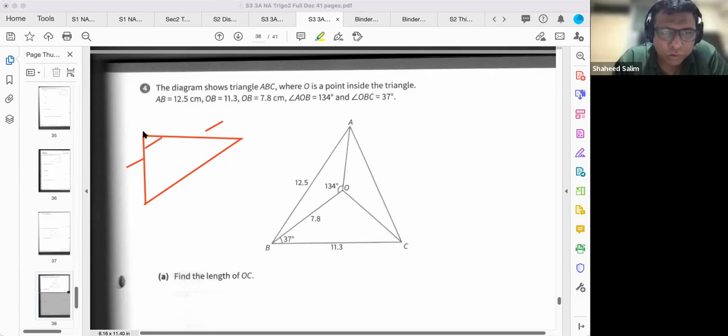And then if you see a sandwich down here, then you can find the opposite. Not only can you find the opposite, you can find area using half ab sine C. The sine rule, you can use that to find the area.